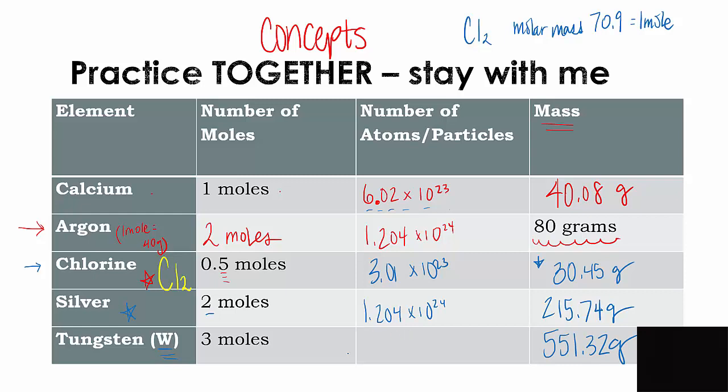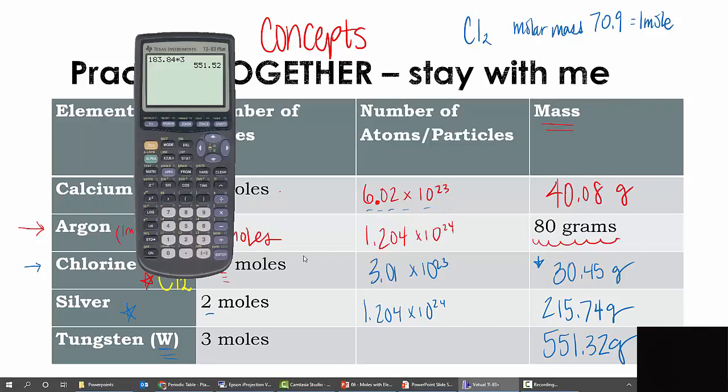And then the mole, for the number of atoms, that's going to be 3 times Avogadro's number. 3 times 6.02 times 10 to the 23rd.